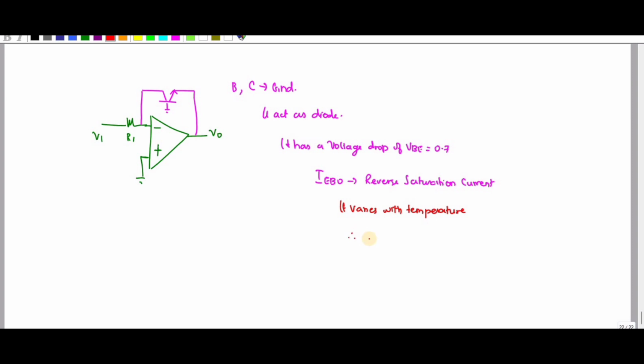So therefore temperature compensation is required.